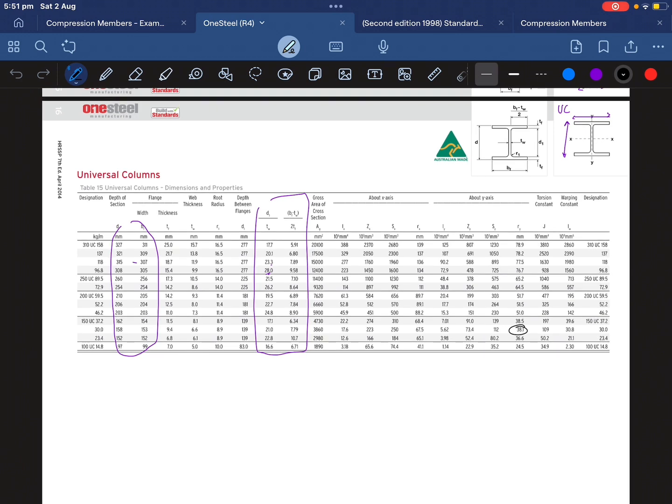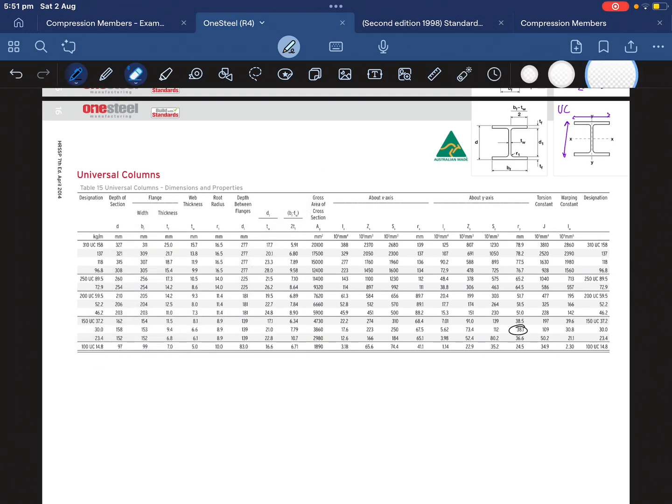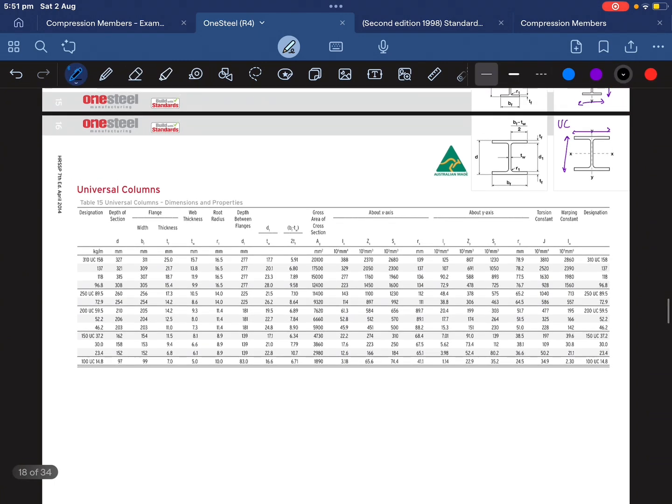So we have universal columns, and the next one up is 150 UC 37.2, which I can try, but just to be on the safe side, I think I want to go one up on top of that. This is where the iteration process comes in, okay?